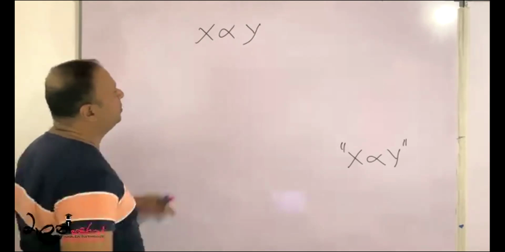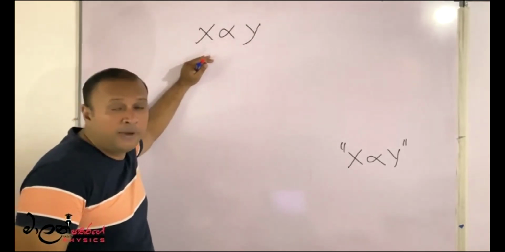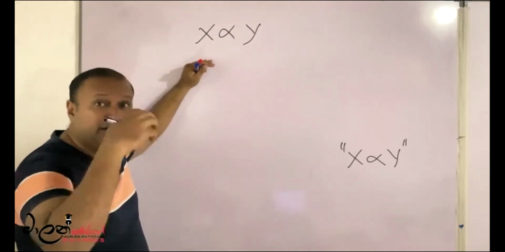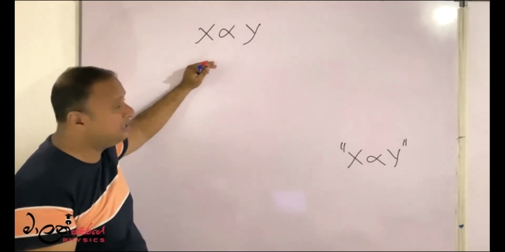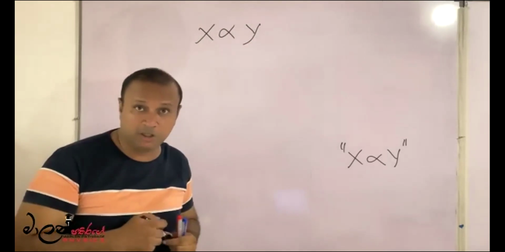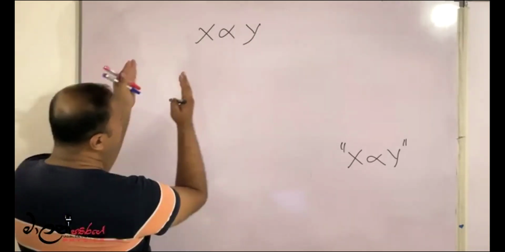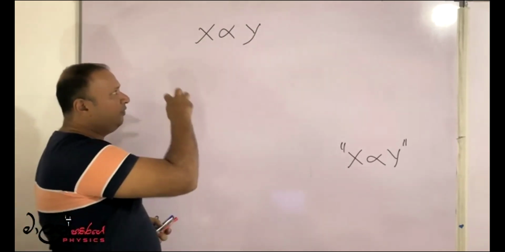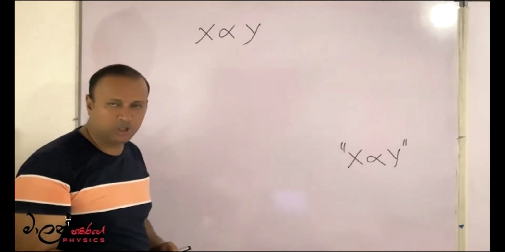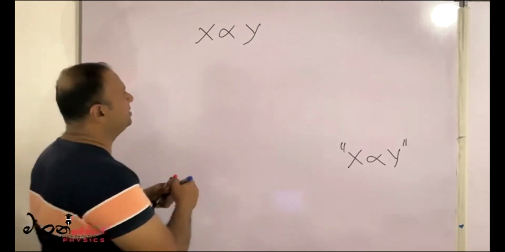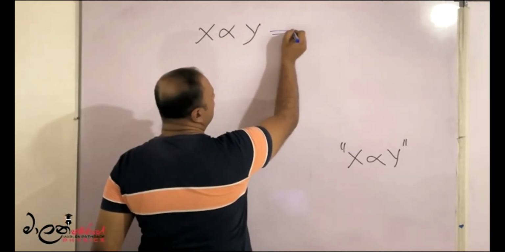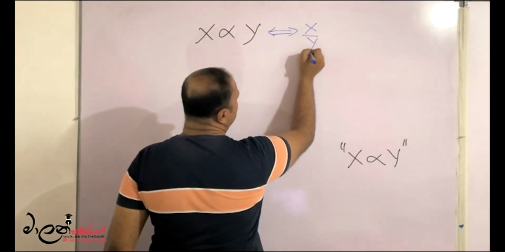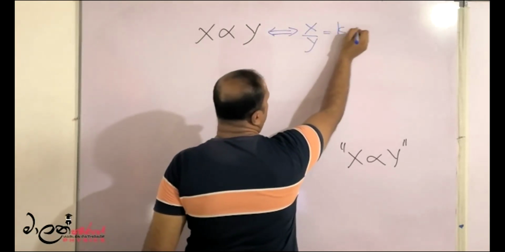This is the format of representation of the relationship. So if you are given this kind of relationship, that means x over y is a constant.